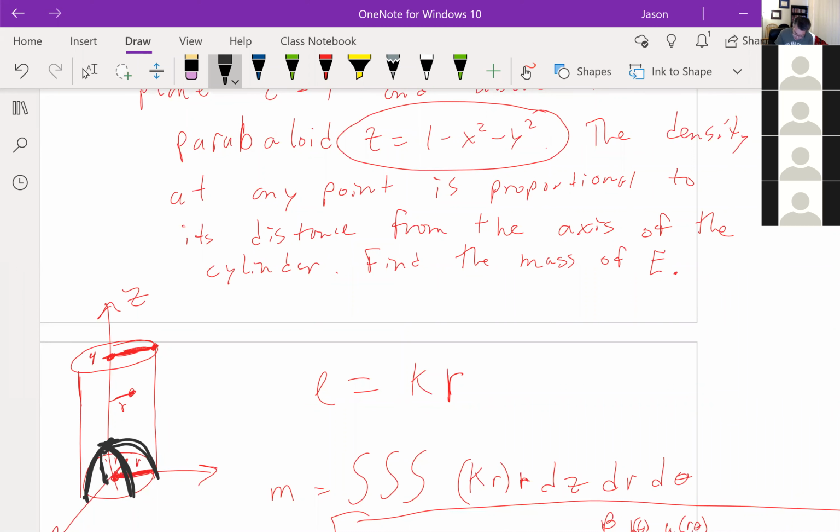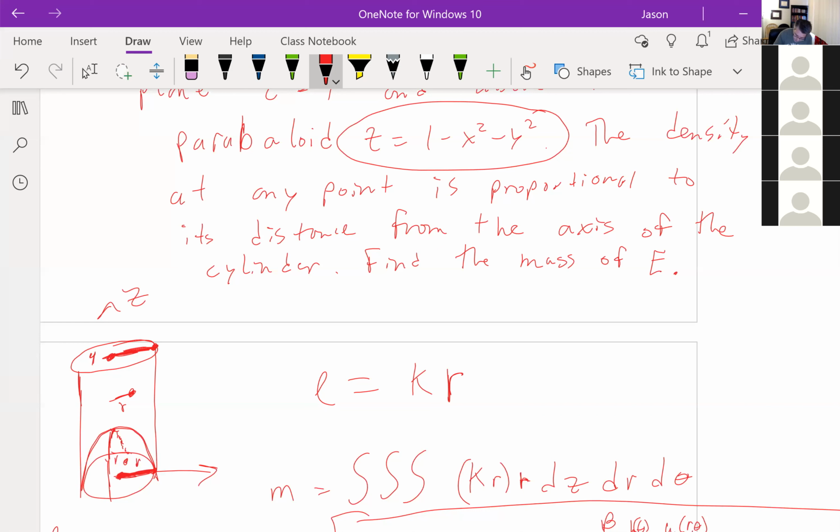Okay, make sense? Actually, it doesn't make sense like that. Get rid of that, that's a really bad drawing. Get rid of the axis. It's going to be the top of this dome here, and it looks like that.